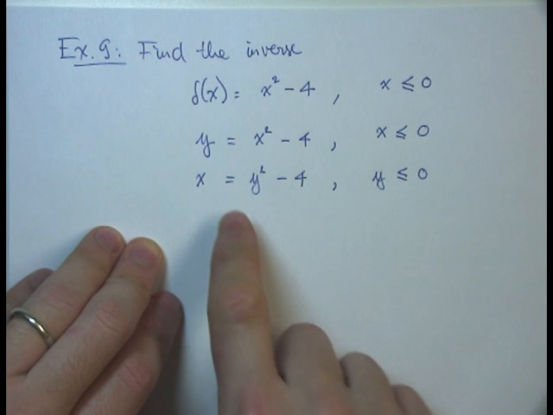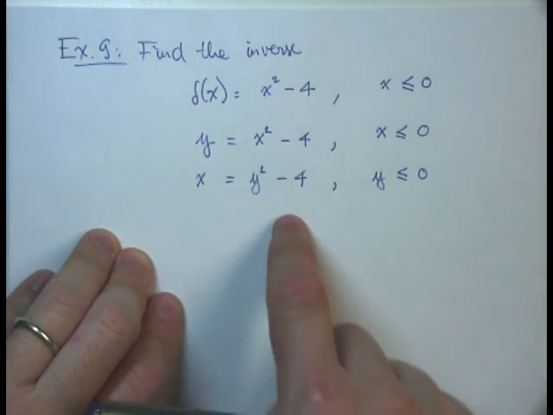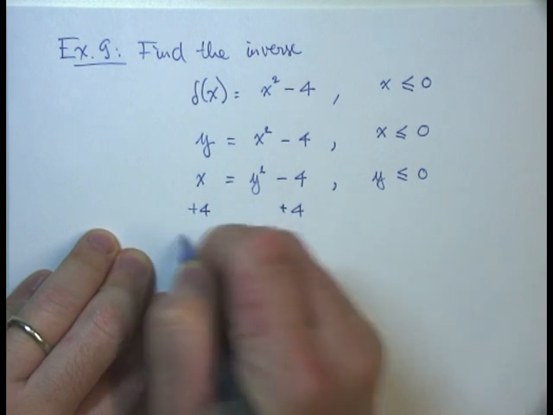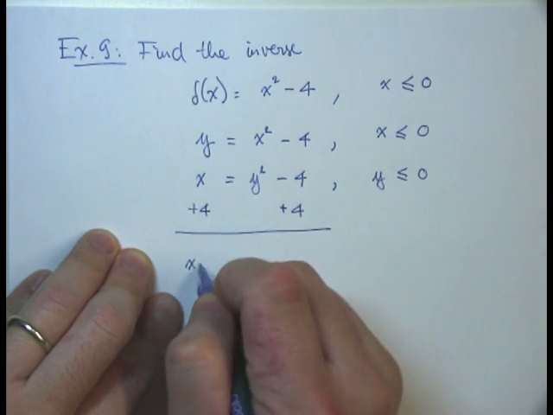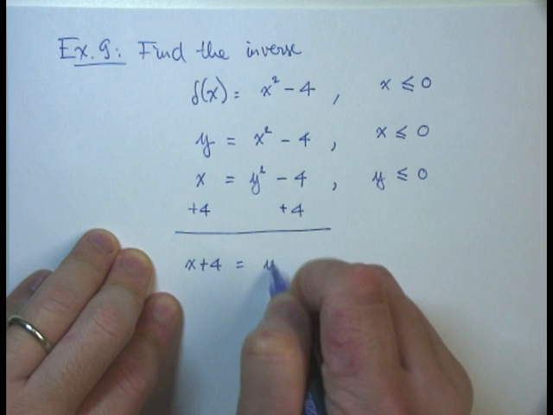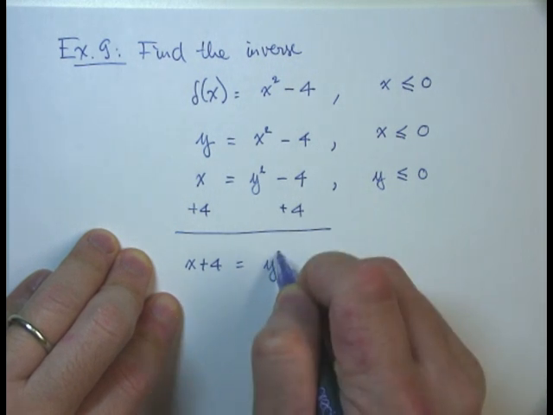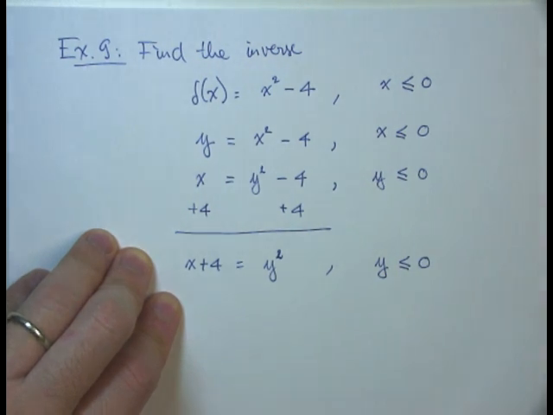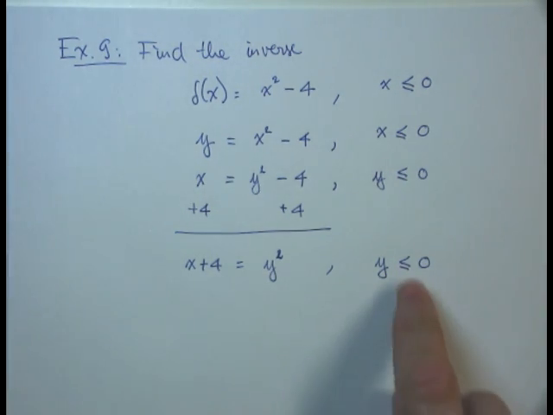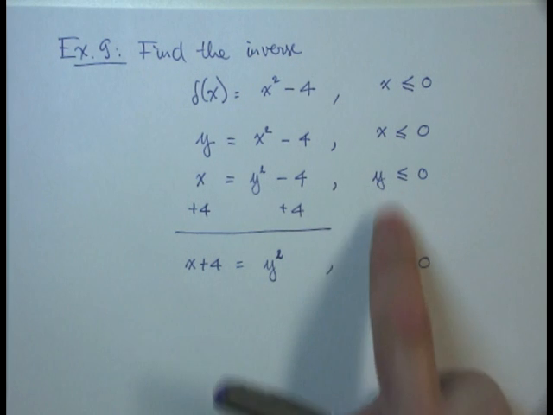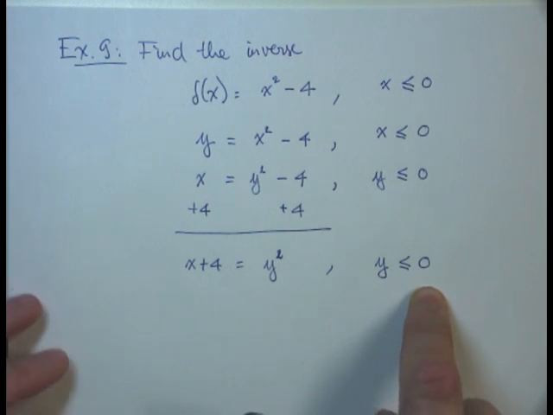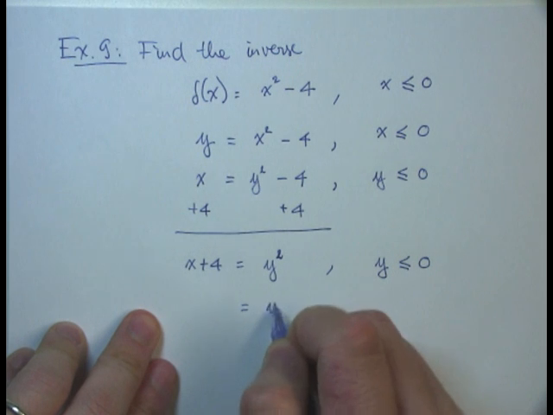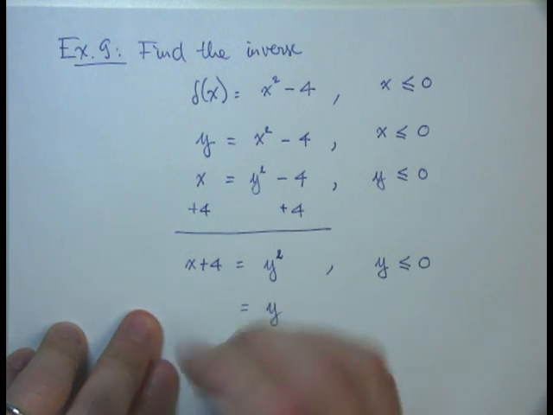Alright, so now the next step is to solve for y. I need to add 4 to both sides, and that gives me x plus 4 equals y squared. The condition is coming along in every single step, but now the condition is y less than or equal to 0. Now solving for y, I simply apply the square root property on both sides.